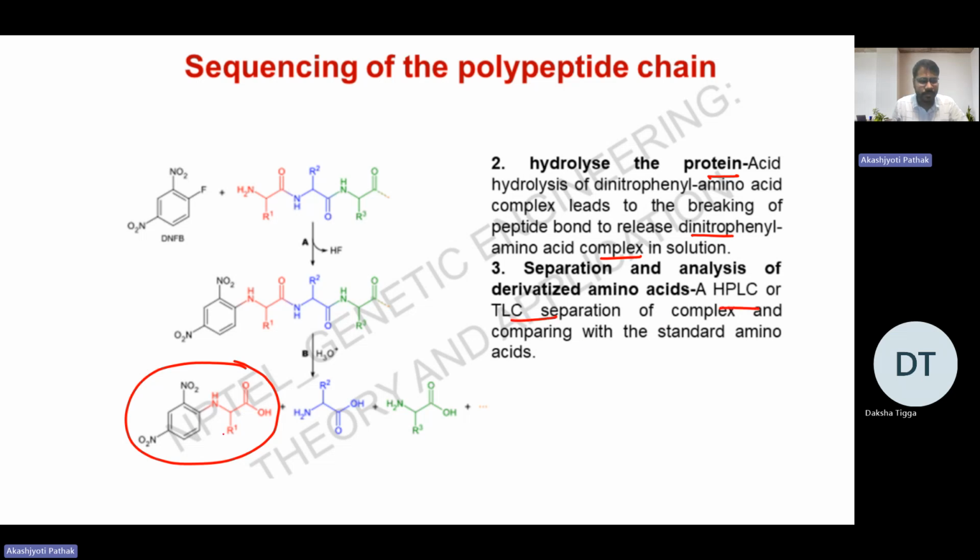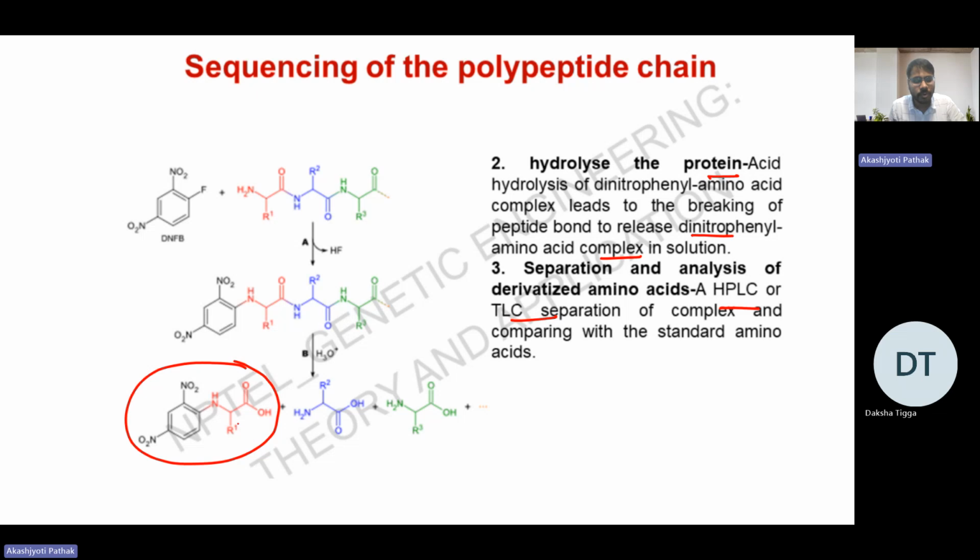Do you understand what I'm trying to say? Each cycle will give you one such dinitrophenyl amino acid complex. In the first cycle, you will get this complex. In the next cycle, you will have the amino acid with the R2 side chain. In the third, you will get the amino acid with the R3 side chain.